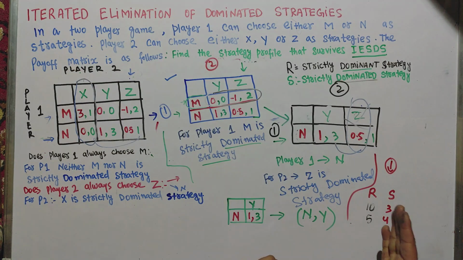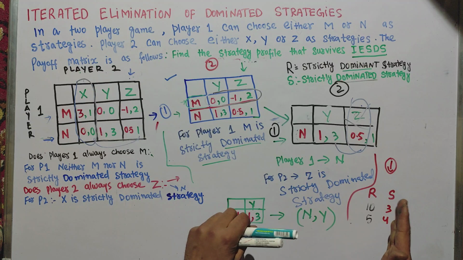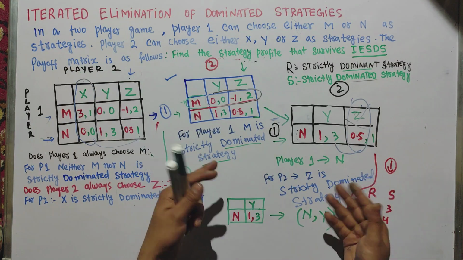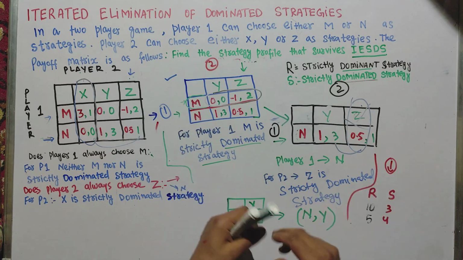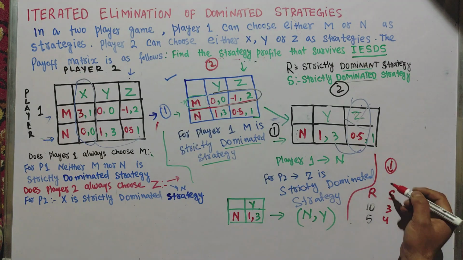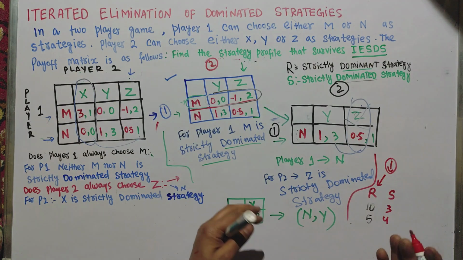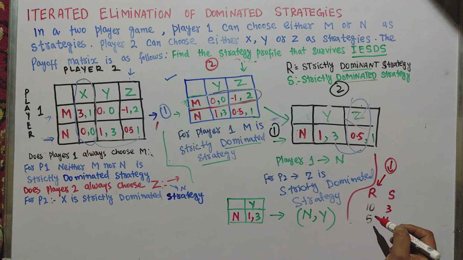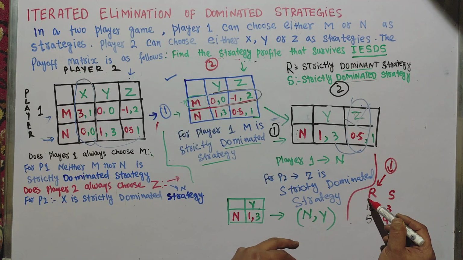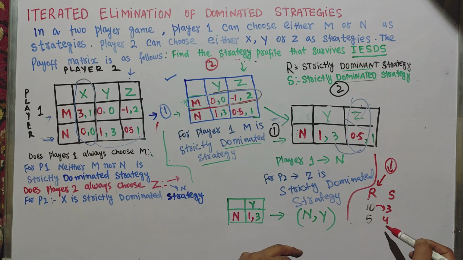Now dominance occurs when one strategy is better than another strategy for one player, no matter what the opponent plays. Here you can see playing R is always better for player 1. So we can say that R is the strictly dominant strategy because 10 is greater than 3, and 5 is greater than 4.